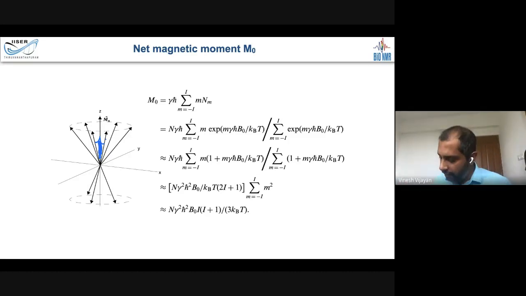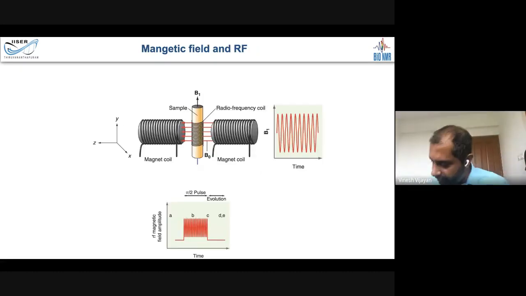Now, in this picture, you see that the B0 field is in this direction. The magnetic moment will also be in this direction. You will not be able to measure this because this magnetic moment is sitting on a huge magnetic field. Now you have to get this out.